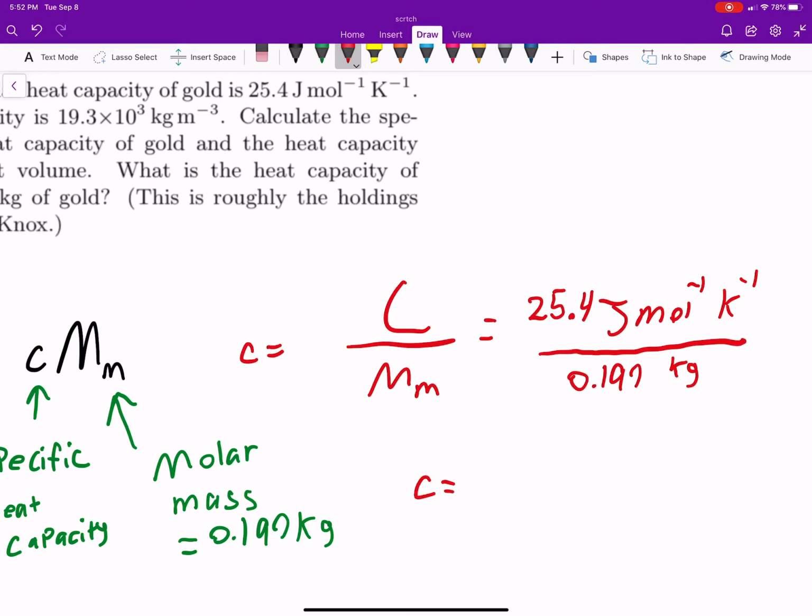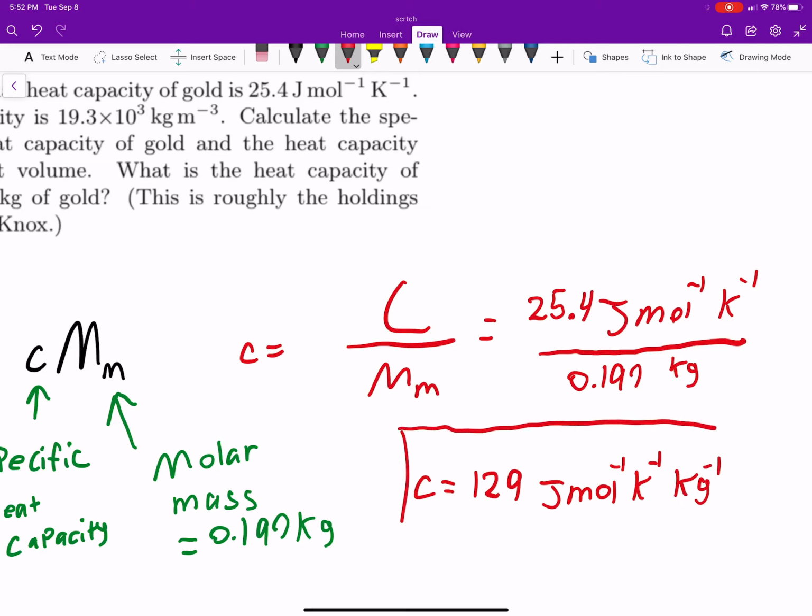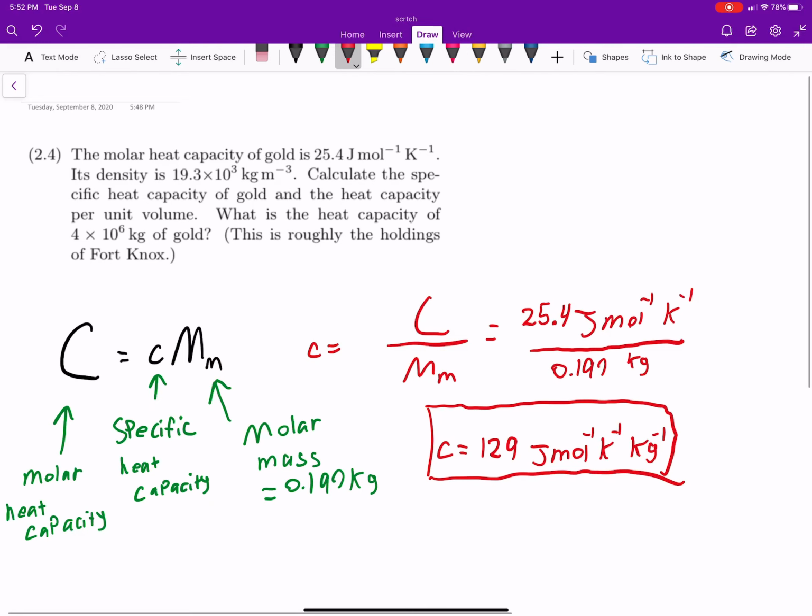If you plug that in the calculator, you should get about 129 joules per mole per Kelvin per kilogram. So that is your specific heat capacity.